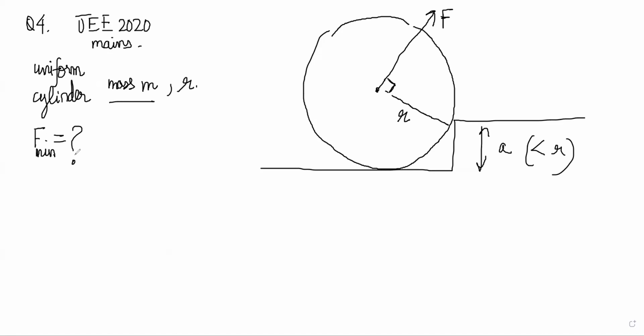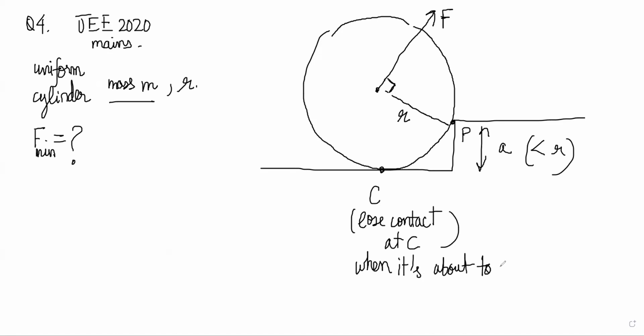So basically, right now the cylinder is in contact here also, and it is in contact here also, right? But when you pull it over the step, this is like toppling, you lose contact at C. You will lose contact at C when it is about to be pulled up.